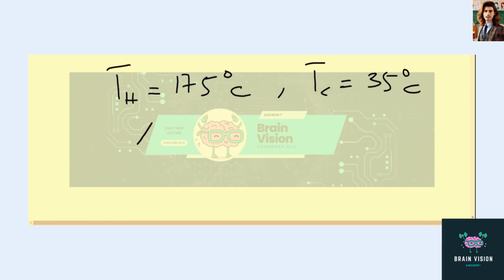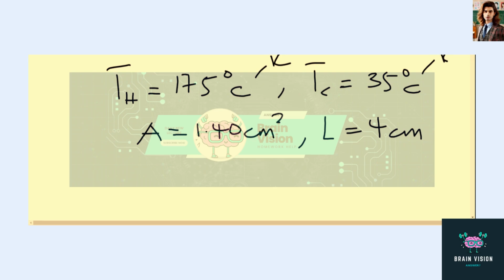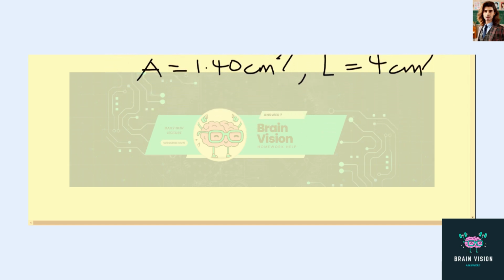Now we are told that the area is 1.40 centimeters squared, and the thickness is 4 centimeters. We can convert all of this to Kelvin, and the lengths to meters, very important. I hope we know how to do that.